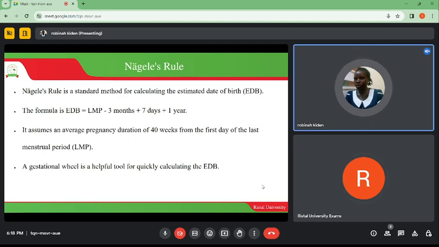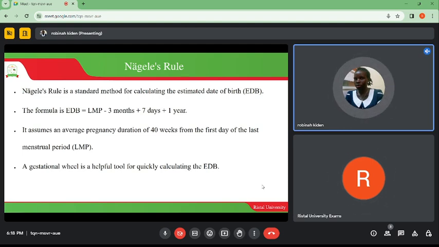Talking about Naegele's rule, this is a standard method for calculating the estimated date of delivery. So when we are calculating this estimated date of birth, according to Naegele's rule, it is the last normal menstrual period minus 3 months plus 7 days plus 1 year.